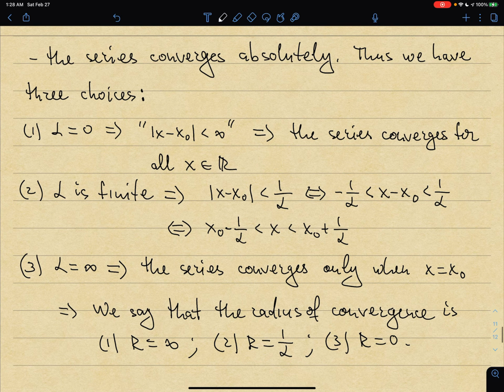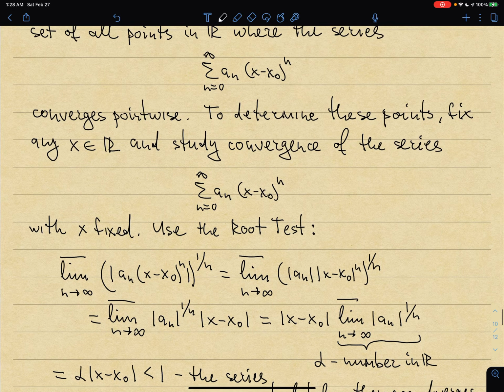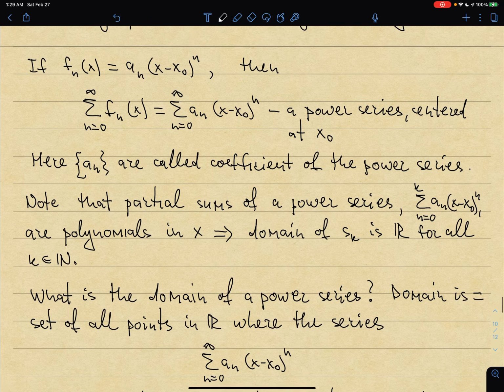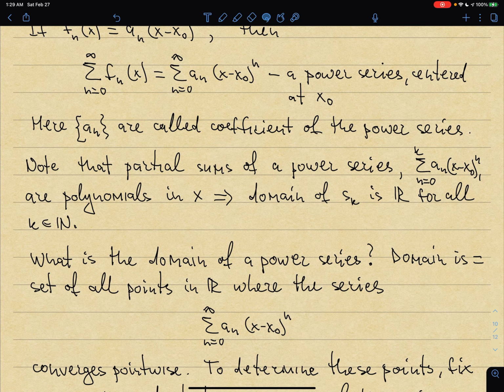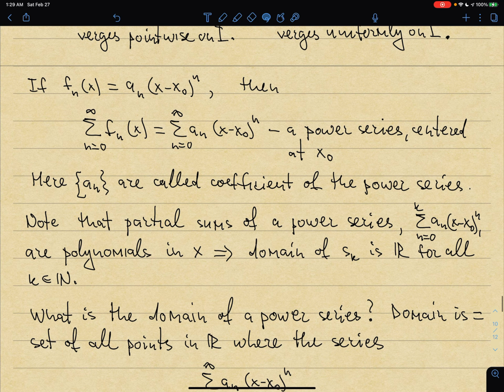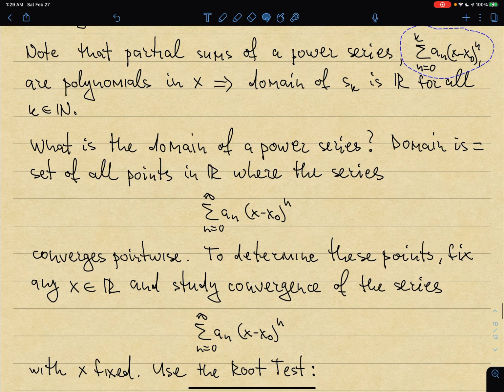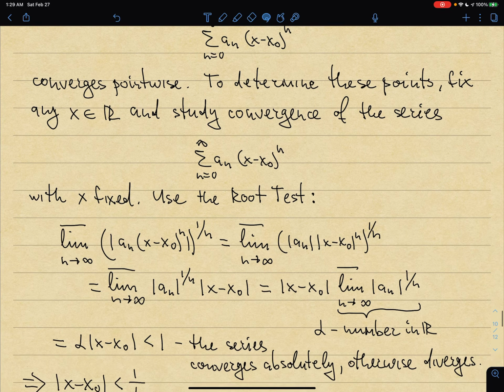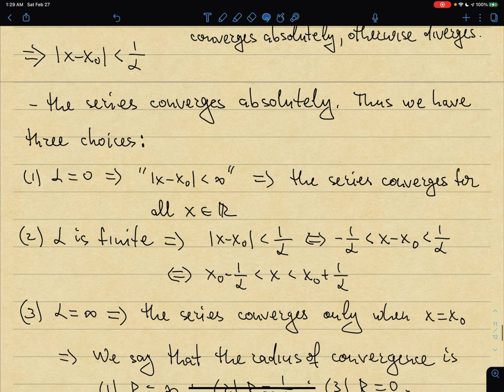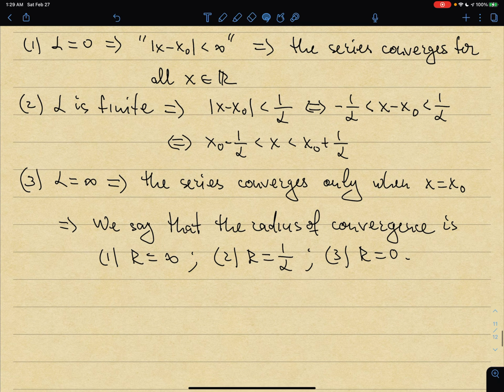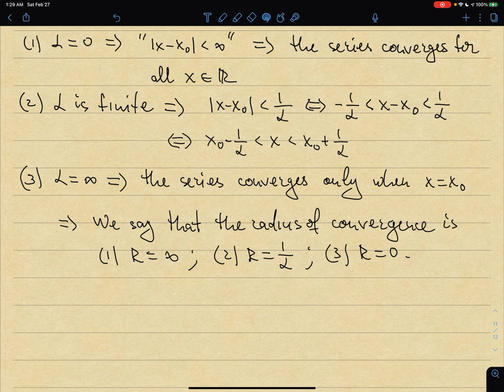So even though, as we said, the partial sums of a power series are all polynomials defined everywhere on the real line, when k goes to infinity, the resulting sum of the power series is not defined everywhere, but only on the radius of convergence, or on the interval of convergence, right?